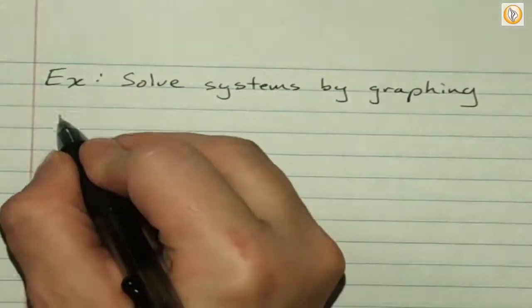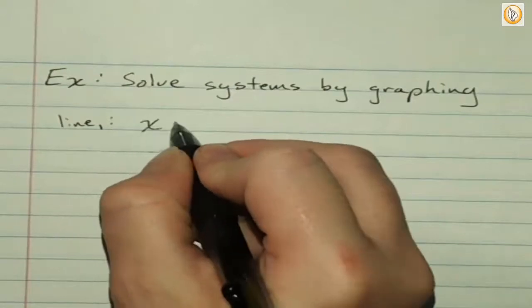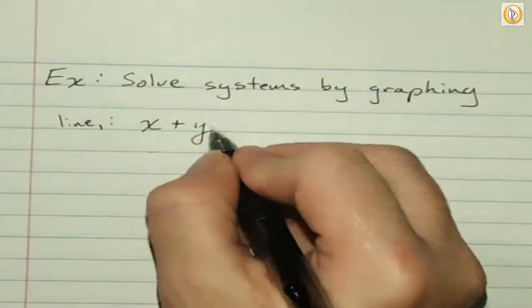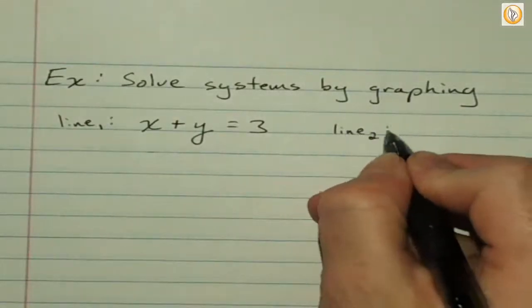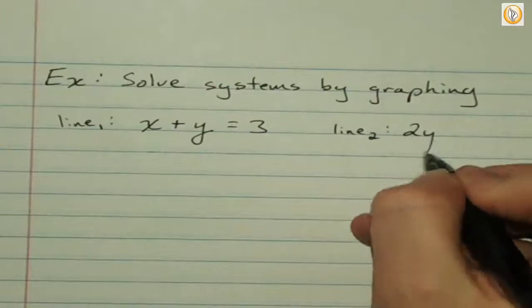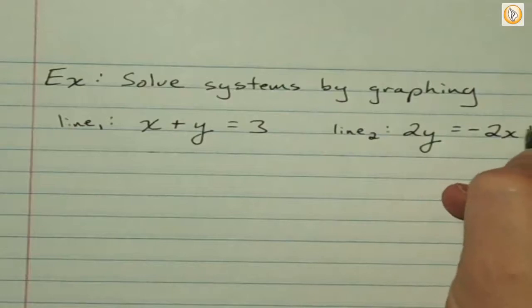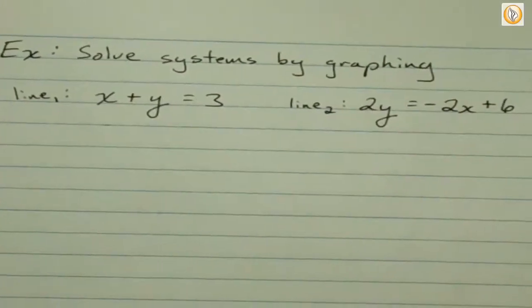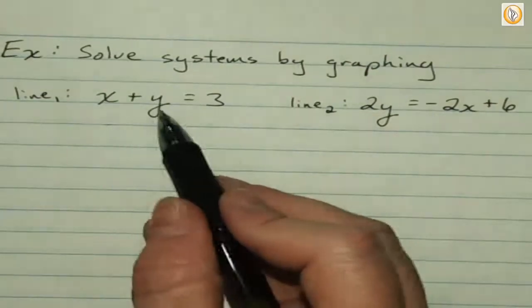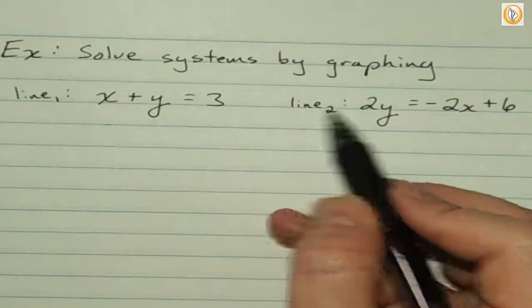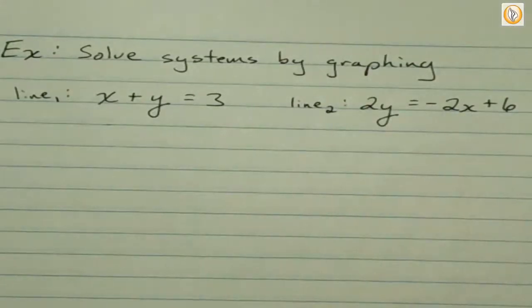Line 1, x plus y equals 3. In line 2, 2y equals -2x plus 6. Okay, so line 1 is x plus y equals 3. Line 2 is 2y equals -2x plus 6. So write that down.